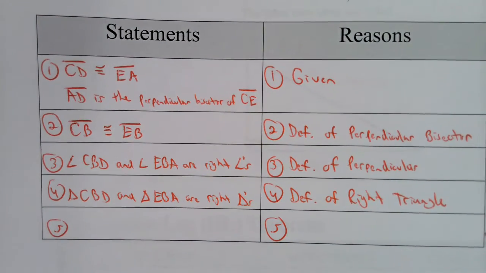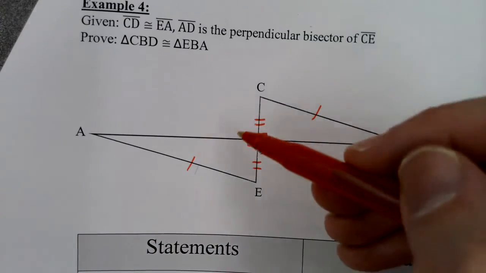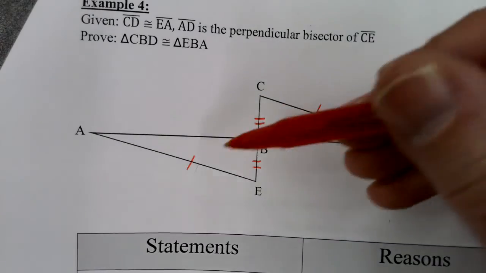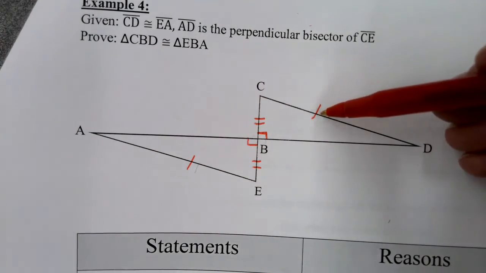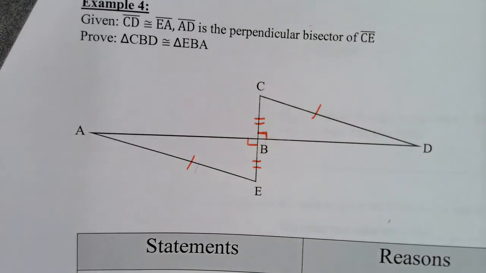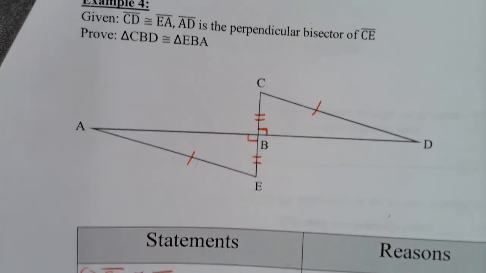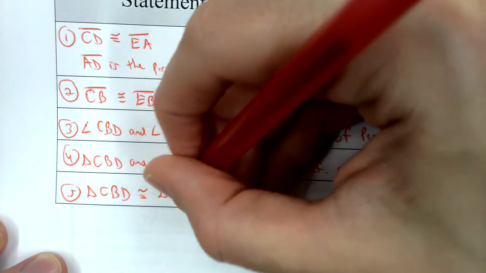Now we have the right angles and the right triangles, therefore we have the hypotenuse congruent, and we have a pair of legs congruent. So I'm going to say triangle CBD is congruent to triangle EBA by hypotenuse leg. Again, this only works in right triangles.